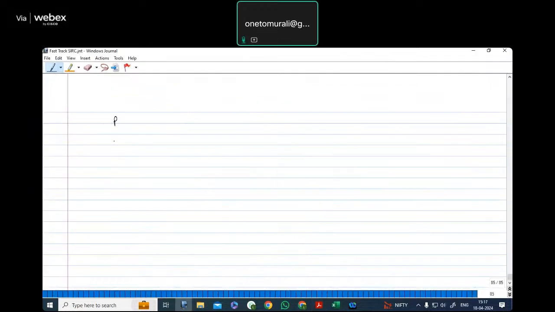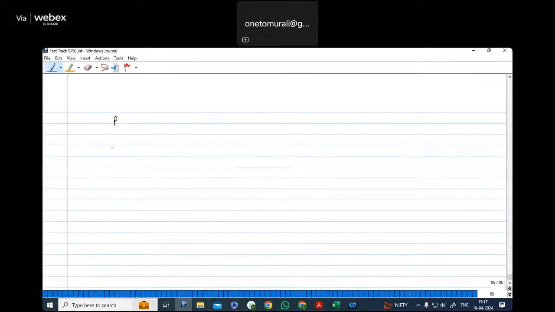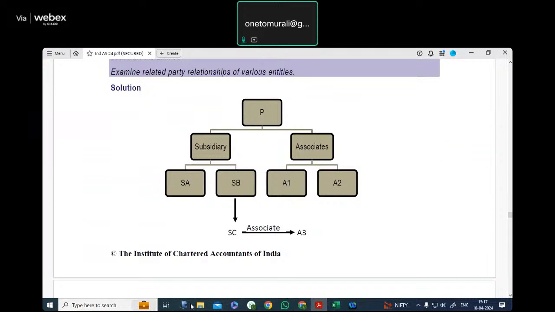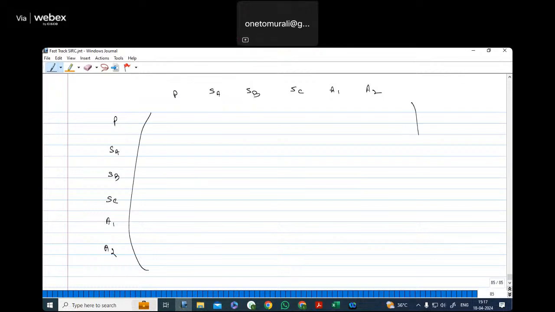So instead of putting it out in this fashion, I would like to tell: parent, subsidiary, SA, SB, SC, then A1 and A2. P, SA, SB, SC, A1, A2. Correct. In the form of a matrix, a company by itself cannot be a related party.